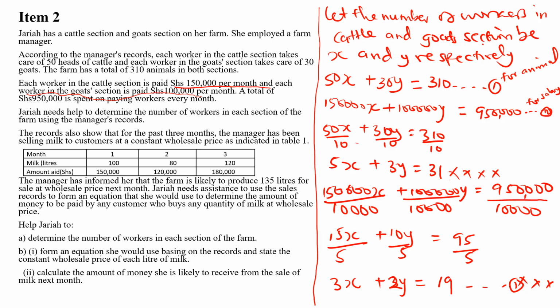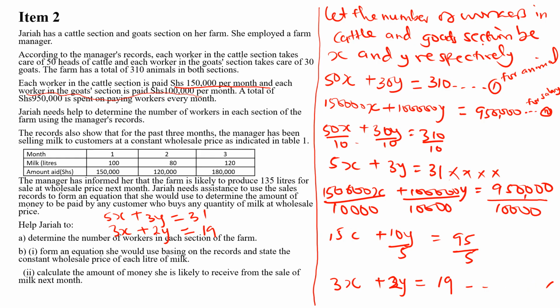So allow me, maybe I can write them here, such that I have the first equation, 5x plus 3y is equal to 31. Then here I have 3x plus 2y is equal to 19. Allow me to take off this one so that I can create a space. But that's what I wanted to show you. It's better you reduce them.